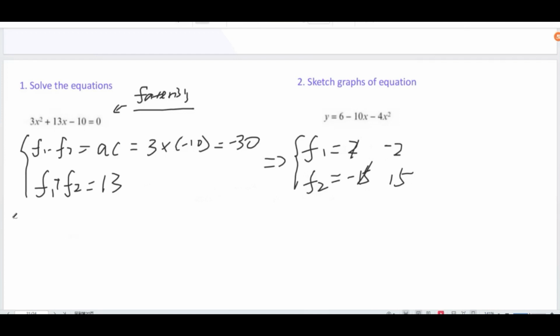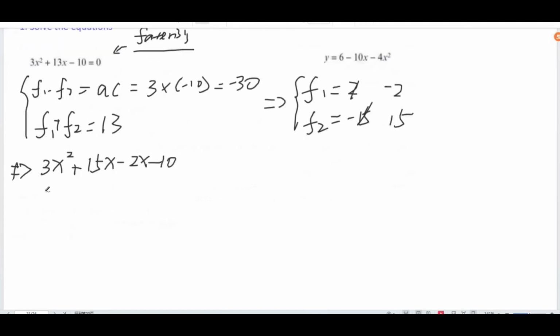So this equation can be rewritten as 3x squared plus 15x minus 2x minus 10.